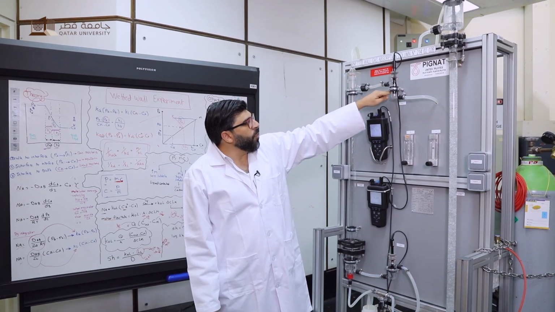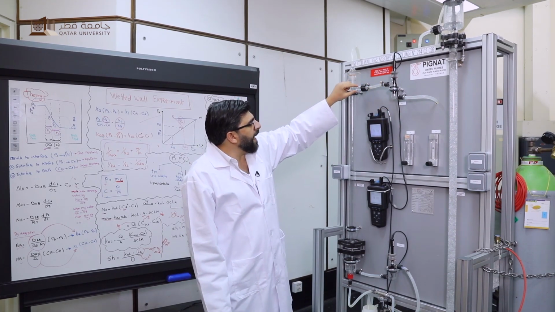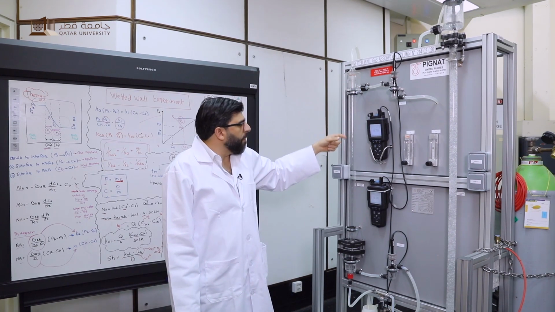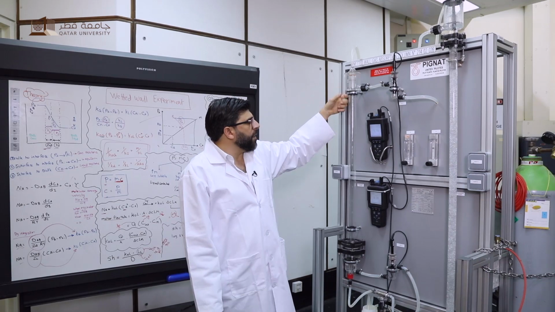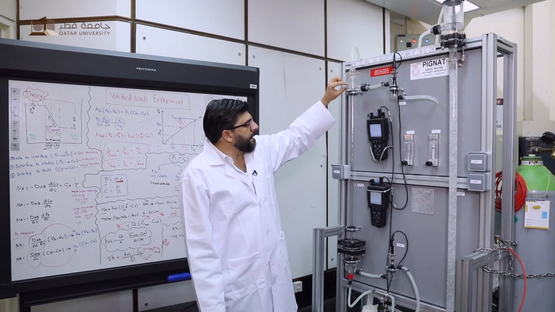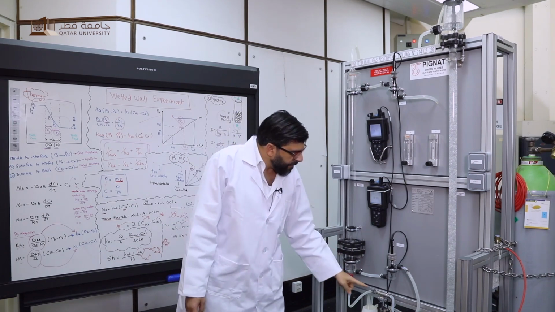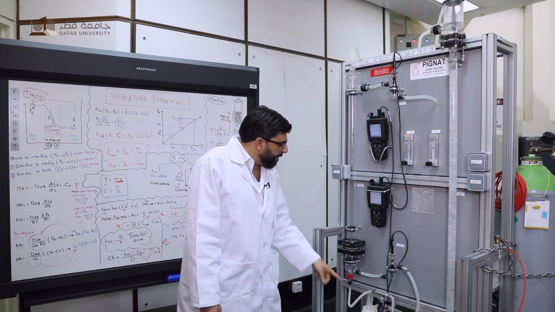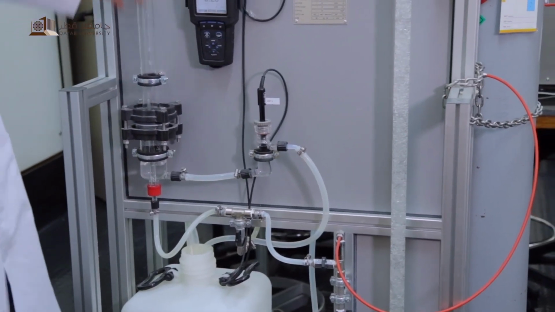Then this water comes in as an inlet for the wetted wall column. So the water enters the wetted wall column as deoxygenated water, and then we have air. We have a pump here, and the pump puts air into the column counter current.